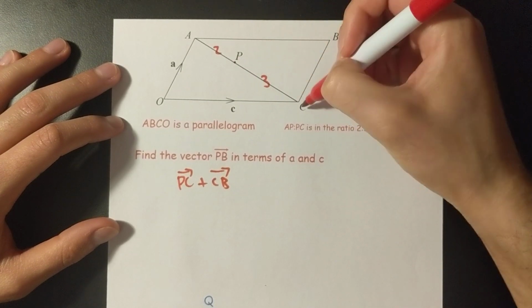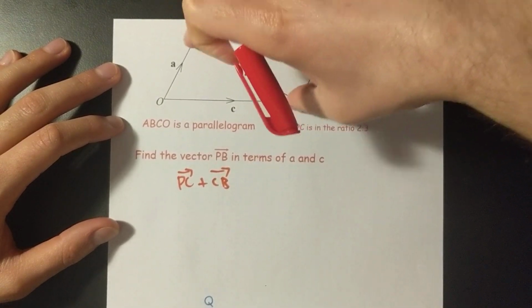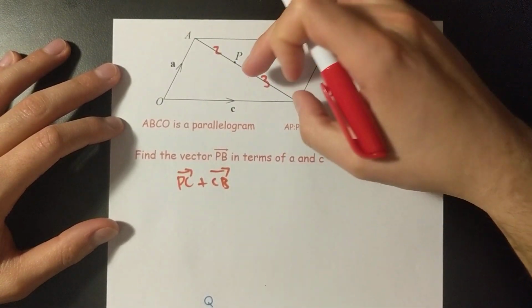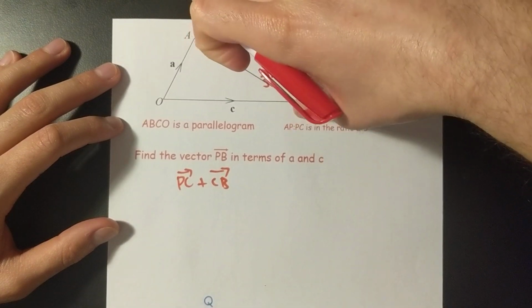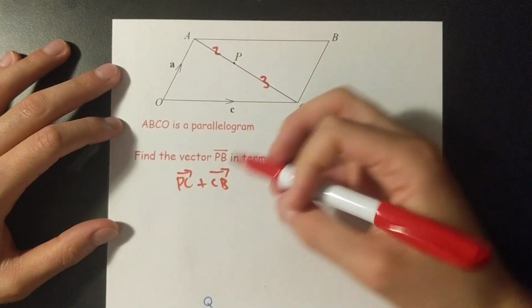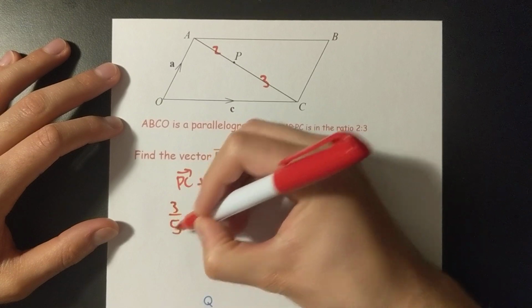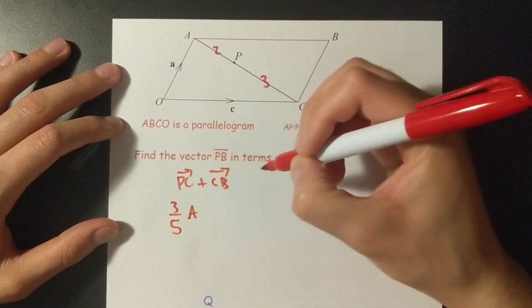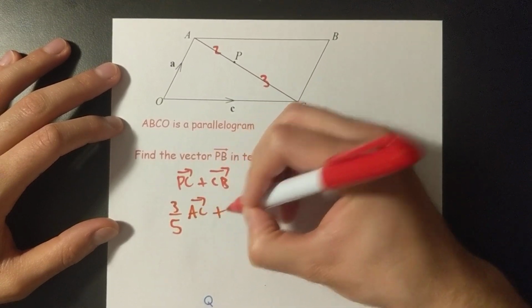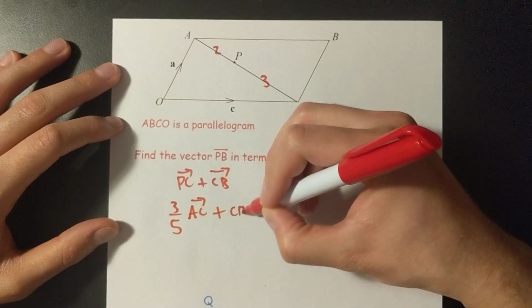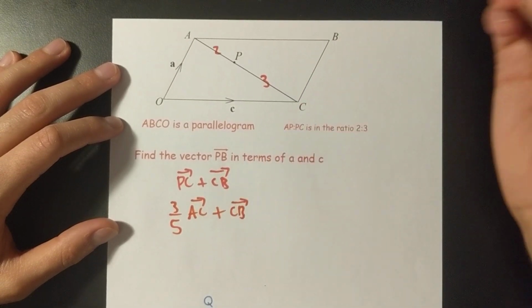So P to C is a fraction of this vector A to C. What fraction is that? That is 3 out of 5. So that is 3/5 of the vector A to C plus the vector C to B is easy.